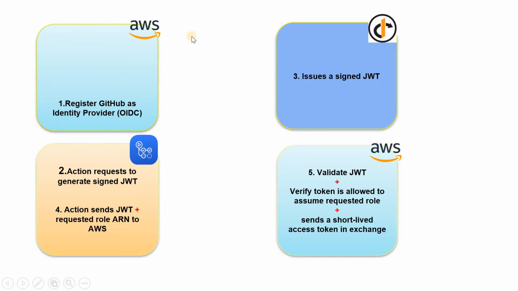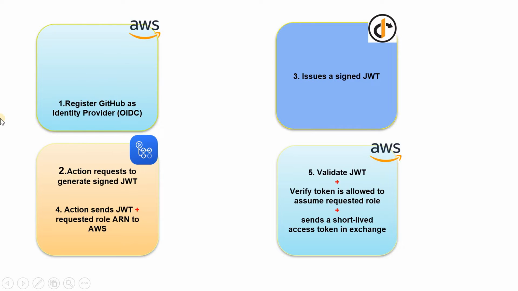The first task is to register GitHub as an identity provider. If you go to IAM, I'm going to show you these steps in real time in the AWS account next. GitHub is an independent service which helps us maintain source code, and also provides deployment tools or CI/CD tools like GitHub Actions.